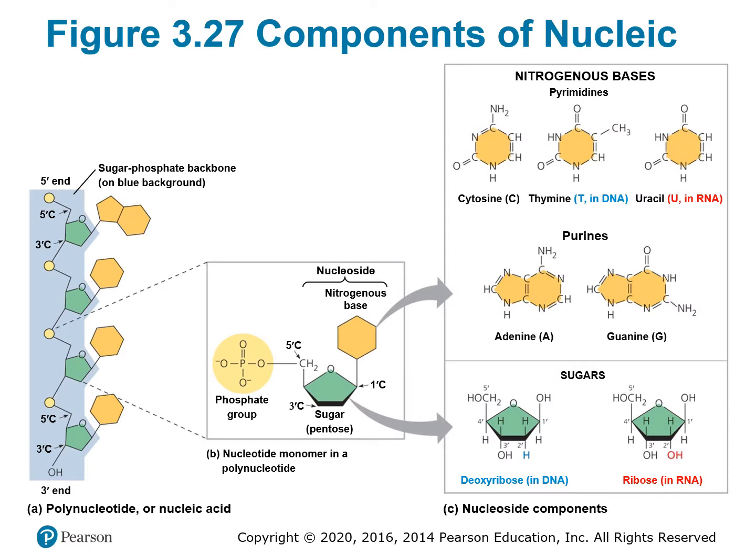So here are the variations on the nitrogenous base. This is what gives our DNA or RNA those letters, G, A, T, C, or U, is the type of nitrogenous base that's present. And so we have these two double ring structures known as purines, adenine and guanine, and these three single ring structures known as pyrimidines, cytosine, thymine, and uracil.